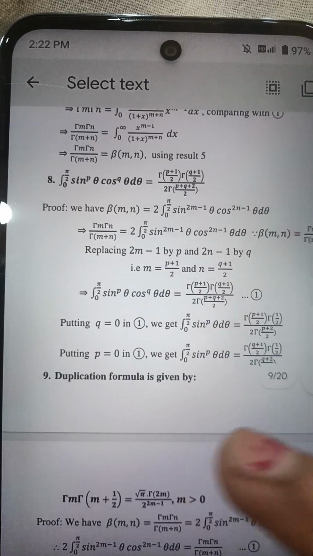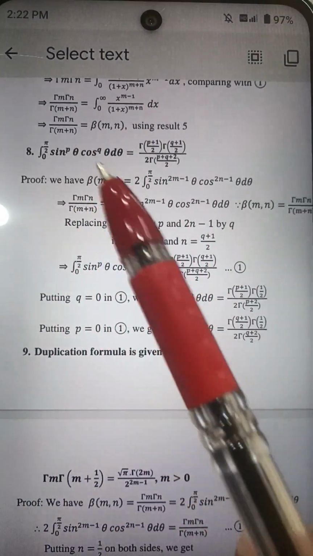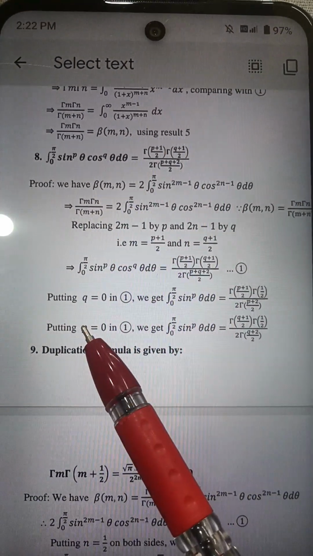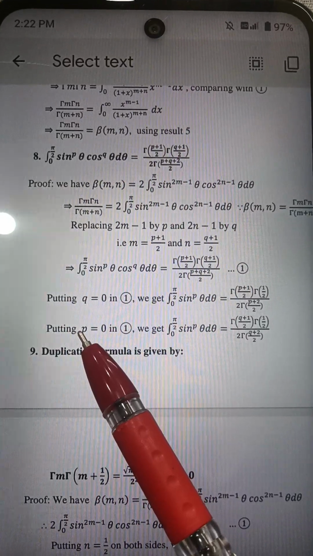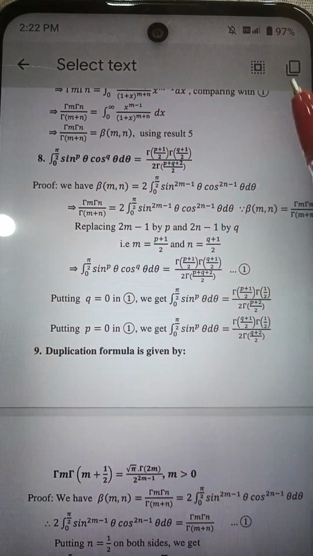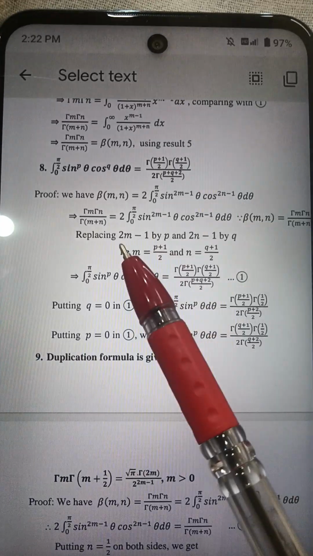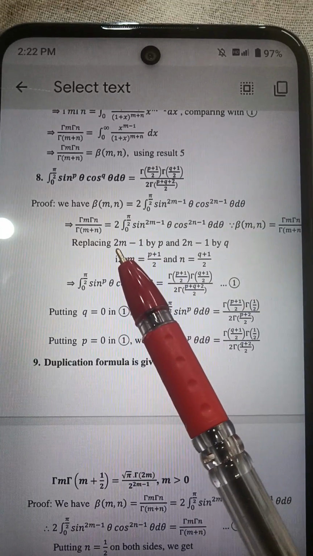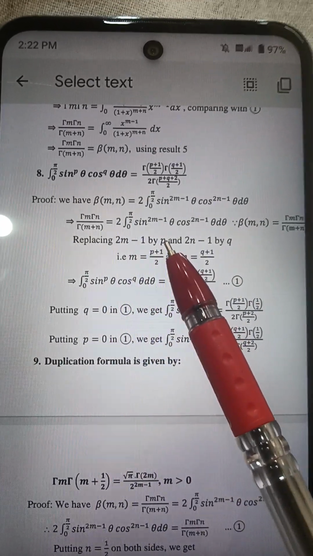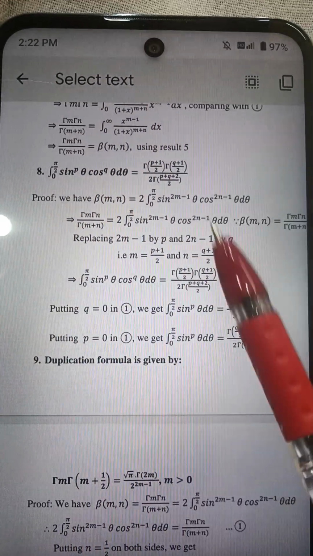Our next result, this is our 8th result. Same type as we have done earlier, just replace 2m minus 1 by p and 2n minus 1 by q. Let me explain it.